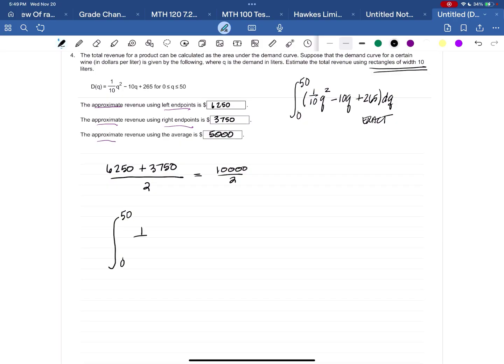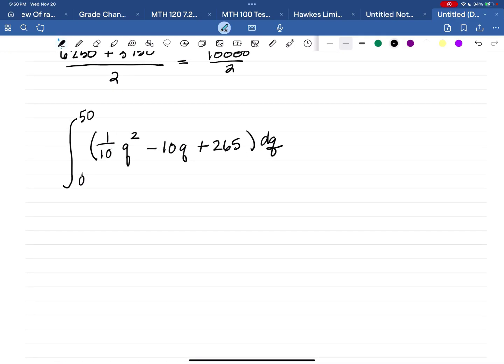This is called a definite integral because we have the endpoints, so we don't need a plus c. All right, so we'll take our integral just using power rule. So that's going to be 1/10 times q to the 3 over 3 minus 10 q squared over 2 plus 265 q, okay?